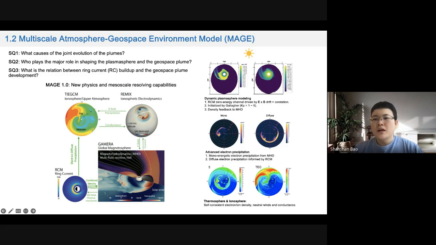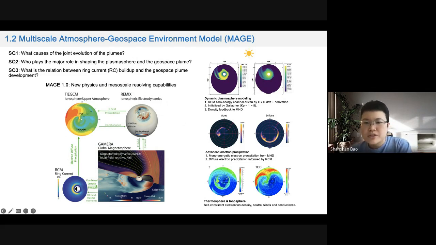Basically, what drives the plasmasphere channel is E cross B drift plus the rotation. This plasmasphere model is also initialized by the Gallagher model, so you can input different Kp index of that event for the initialization. Then it will feed back its cold density combined with other plasma density back to the MHD model.